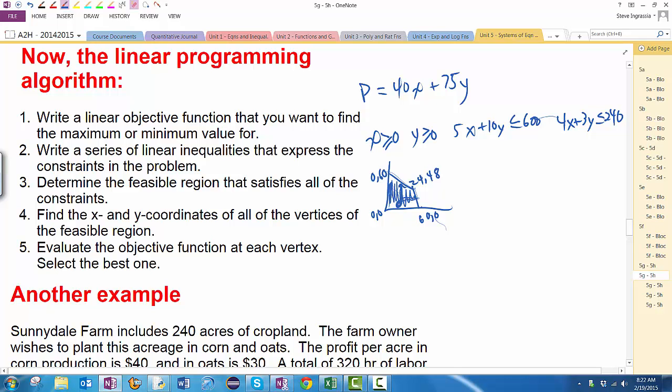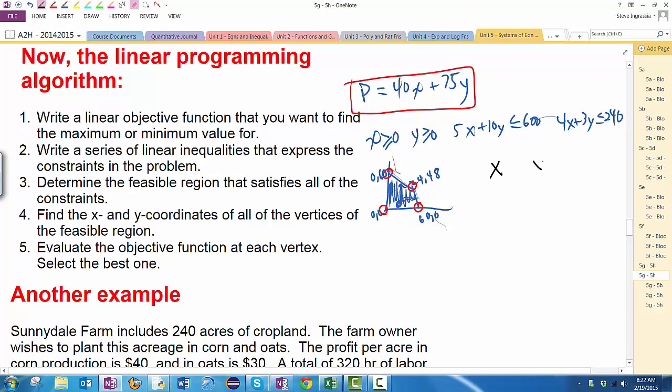That means that my best value is going to be one of the vertices, either this vertex or this vertex or this vertex or this vertex. My very best value for profit and my very worst value for profit, the only possible choices for those are those 4 points. So how do I finish up a linear programming problem?